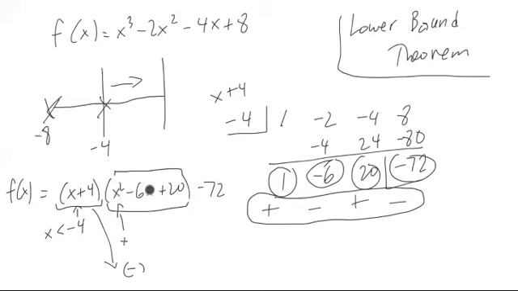Here, negative times a negative, that's going to be positive again, and the positive 20. Notice these signs right here, plus, plus, plus. In some sense, this is a lot like what happens with the reflection of Descartes' rule of signs. All the same sign after reflection, meaning there's no zeros.